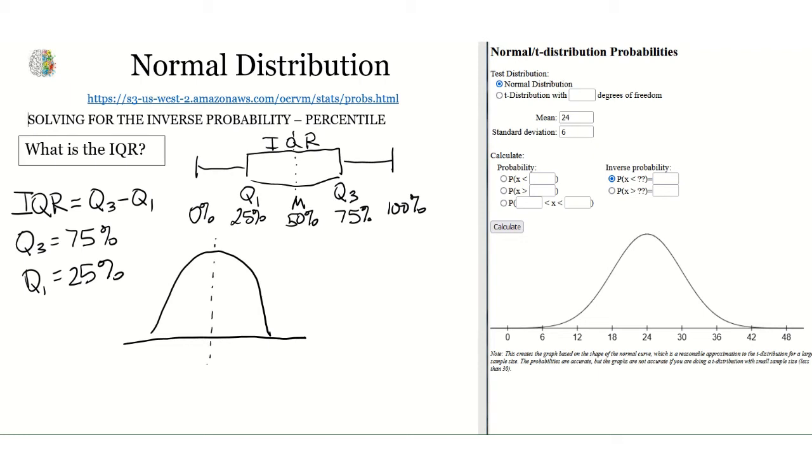So at my mean is my middle number, and I'm looking for my Q1 and my Q3. My Q1 is going to be at 25%, and my Q3 is going to be at 75%. And I'm looking for, what is this middle value? This is going to be my IQR, or my middle 50%.